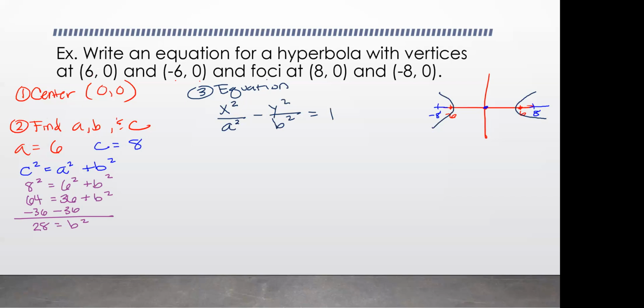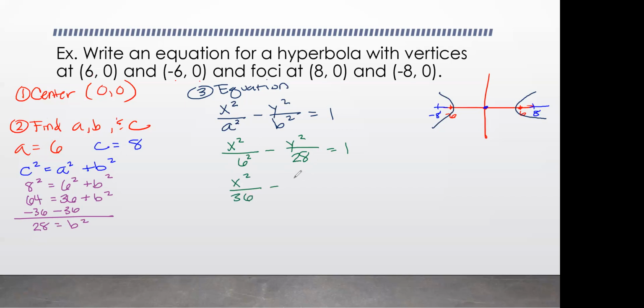So now I'm just going to plug in my values, okay? I have x squared, and I know a squared. If a is 6, I would square that. And then y squared, and b squared I just figured out is equal to 28, okay? So I can simplify because I know what 6 squared is.